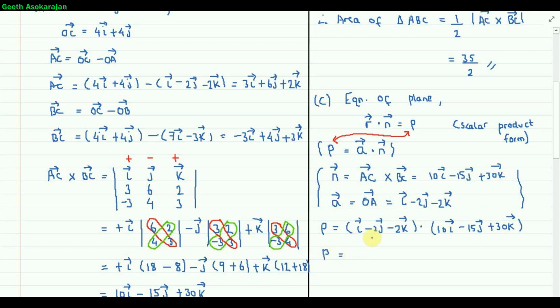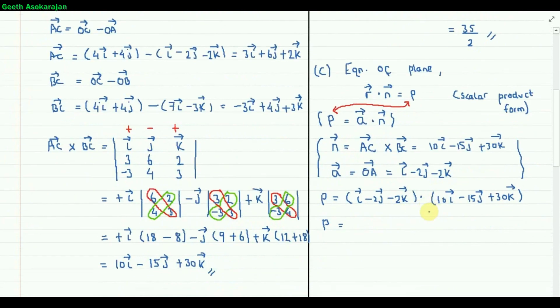So let's continue. To work out the scalar product, and once again I've created a video on the scalar product also, I'll provide a link to that video in the description below, but let me briefly talk to you about the principles behind the scalar product. A quick way of doing this is to multiply the coefficients of i, then we add, then multiply the coefficients of j, then we add, then multiply the coefficients of k.